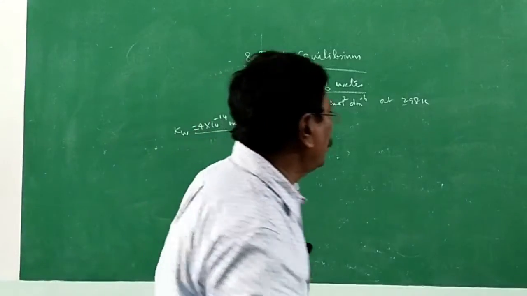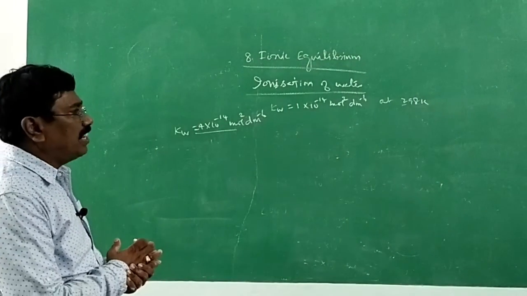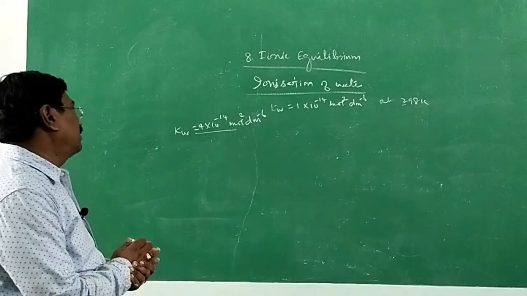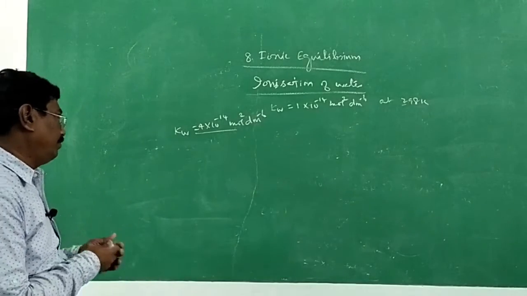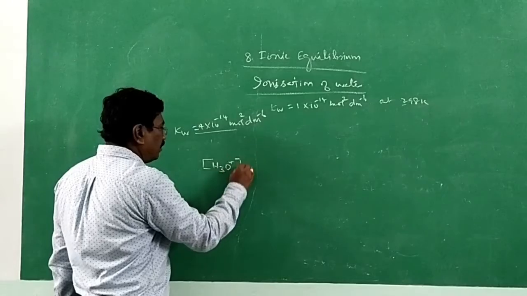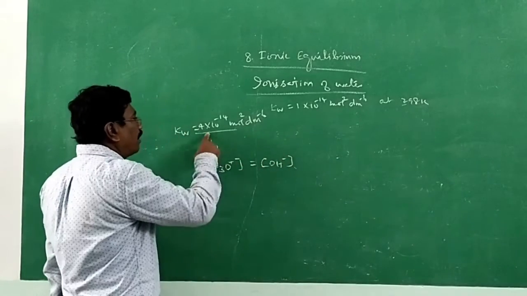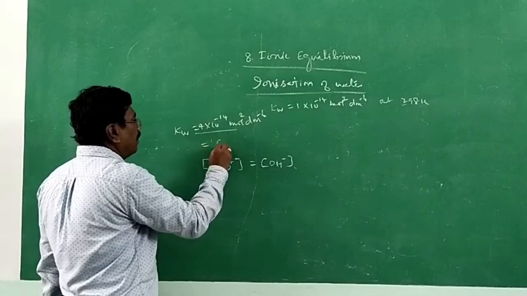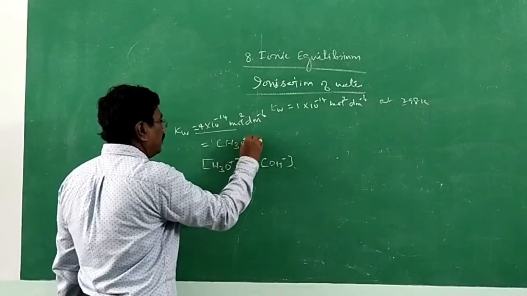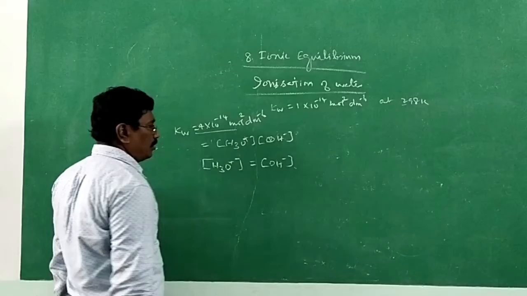And they asked you to find out hydrogen ion concentration and hydroxide ion concentration. Being a neutral solution, hydronium ion concentration is equal to hydroxide ion concentration, and the product is equal to this much. Kw is nothing but hydronium ion concentration into hydroxide ion concentration, which is equal to this much.